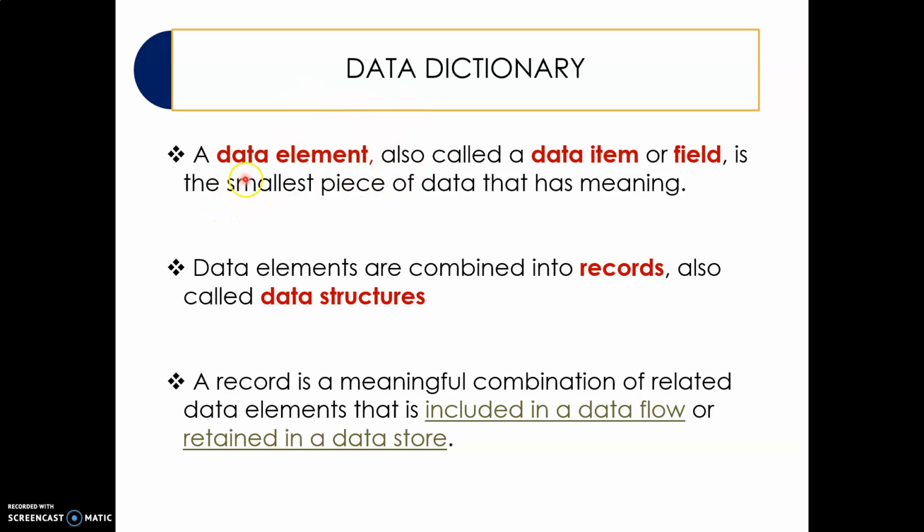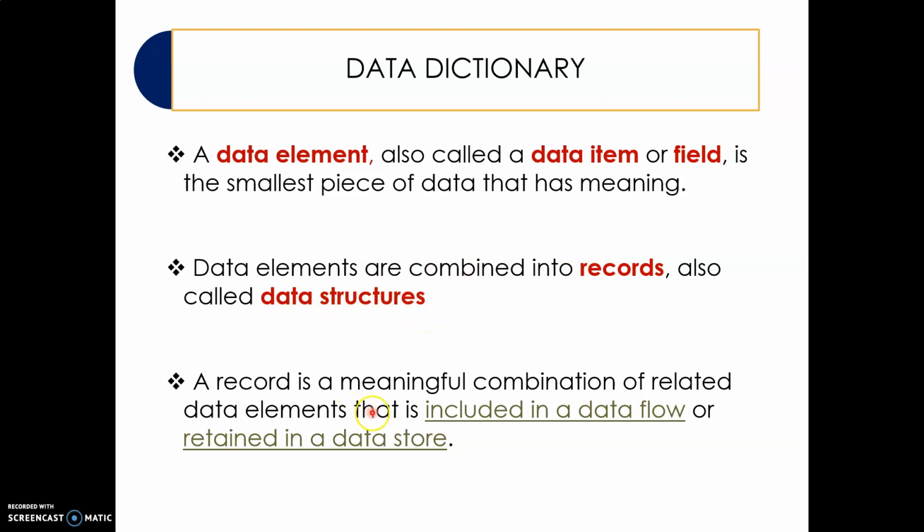A data element, also known as a data item or field, is the smallest piece of data that has meaning. Basically, data elements are combined into records, also known as data structures.